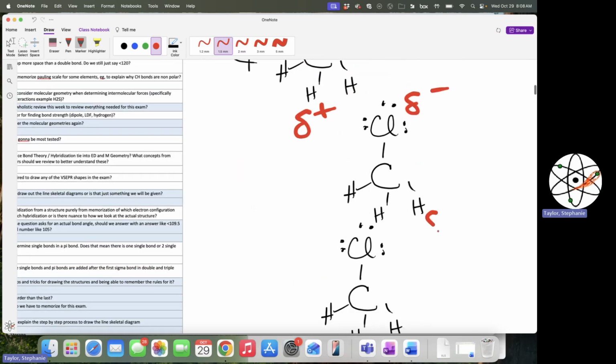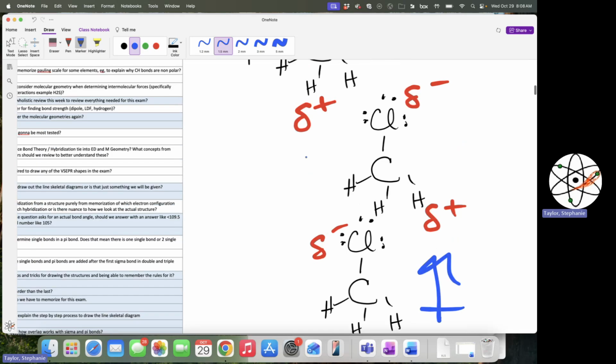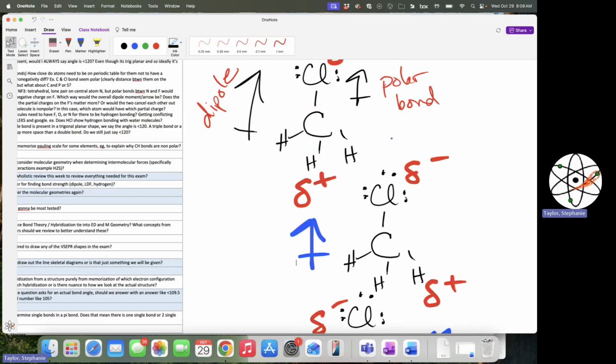Negatives for the chlorine, positives for the hydrogen. And those positive and negative are attracted to each other. You could also look at this with a dipole moment, as the positive and negative portions, because essentially the molecules are lining up with their dipoles.